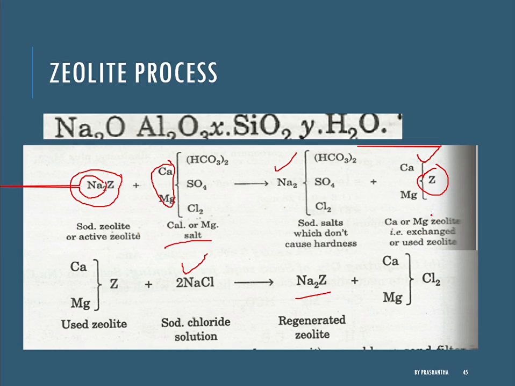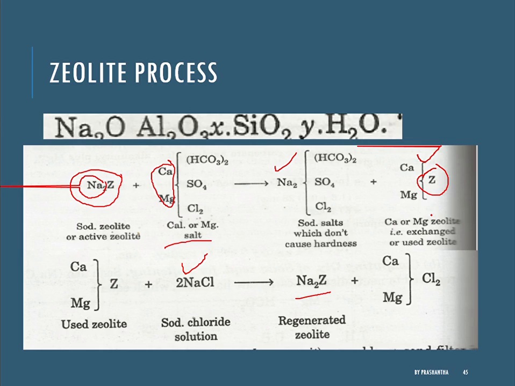This zeolite softener is typically like a sand filter, in which we have silt or clay or sand. This sand is replaced by a zeolite bed. The water is softened and collected through the strainers. The zeolite softener may generally be either a gravity or a pressure filter.